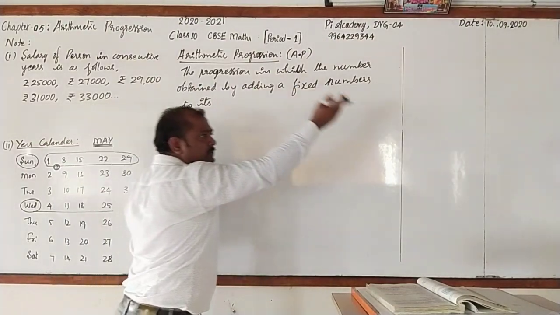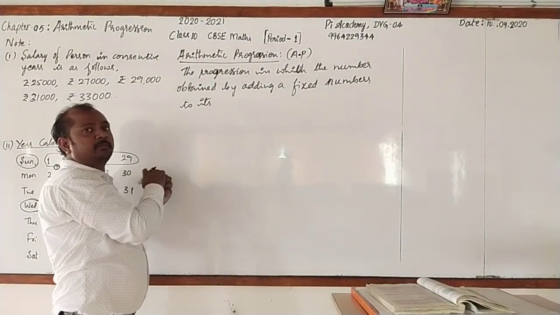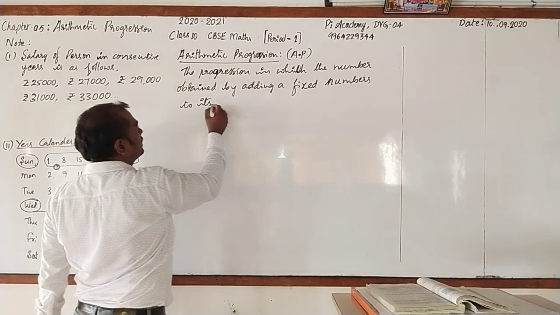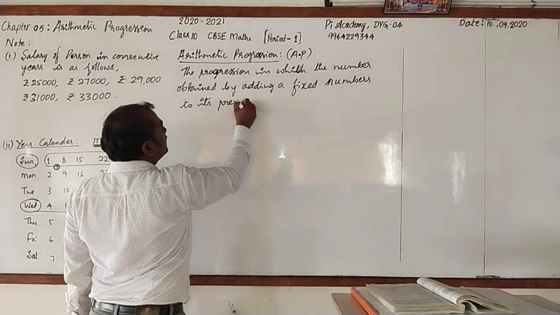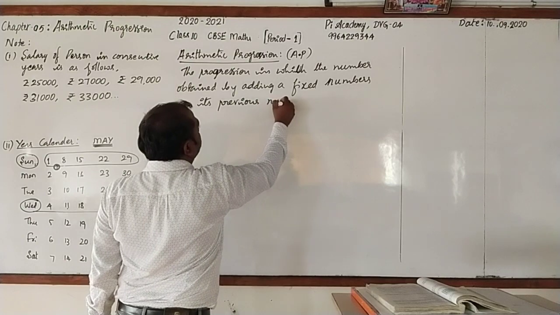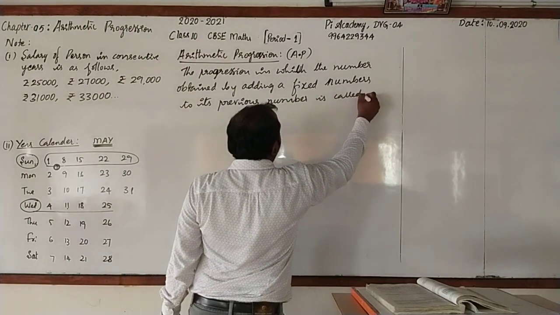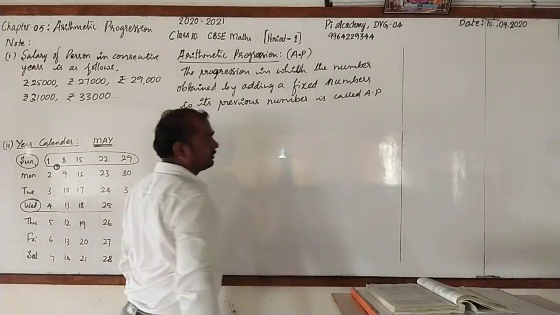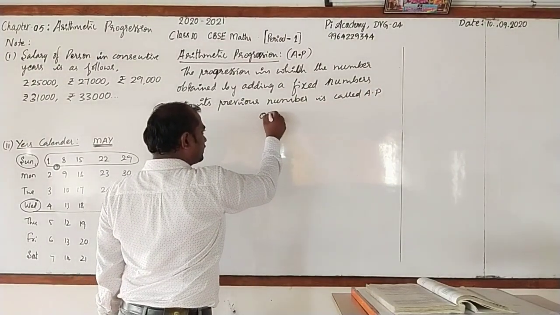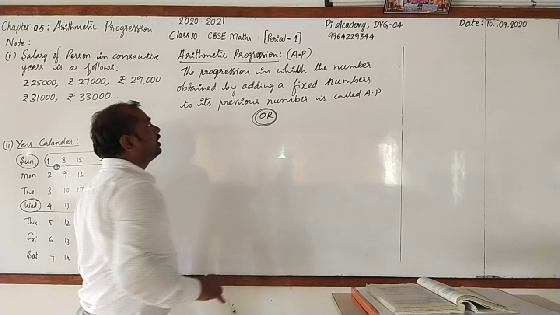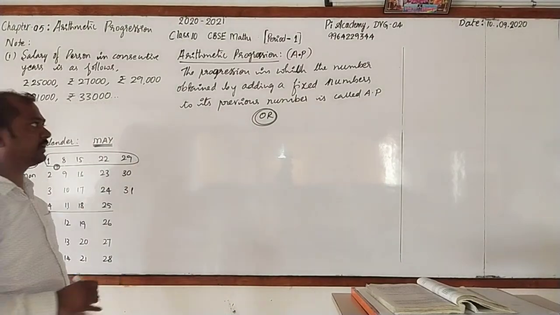Successive number means forward number, and preceding number means backward number, previous number. Clear?